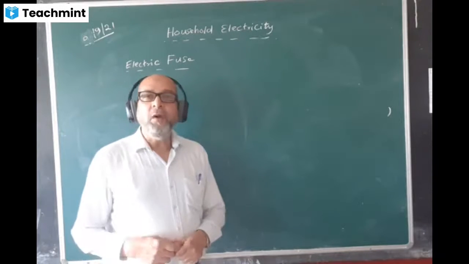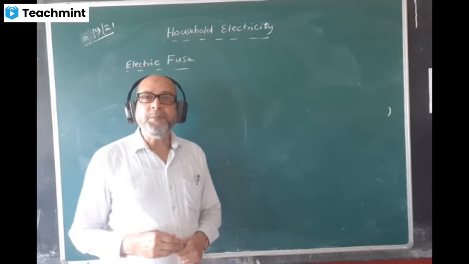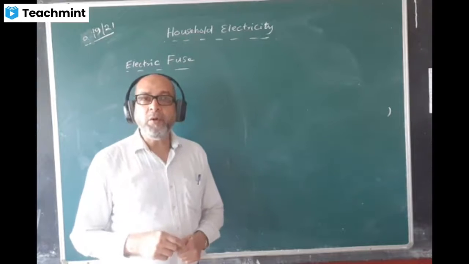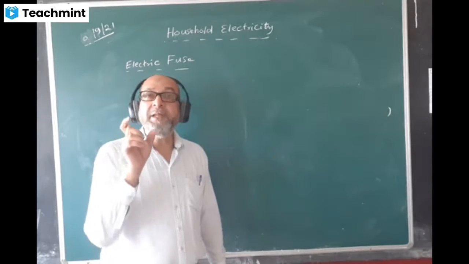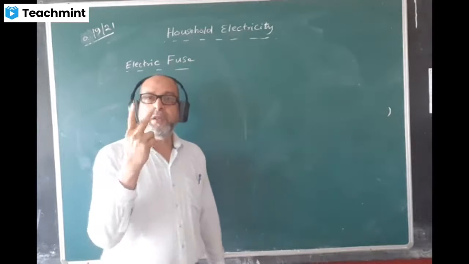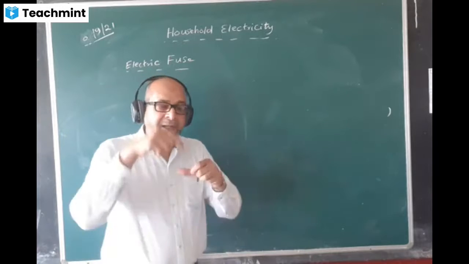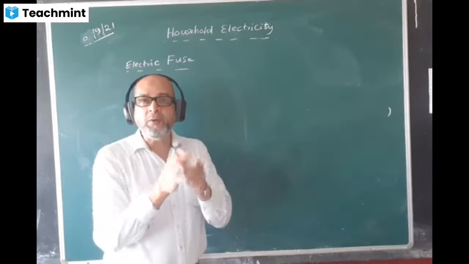Okay. Now, second question, on which property of current does an electric fuse work? We say it works on the heating property of current. Current can do two things. It can cause heating effect in a resistance. If there is a high resistance, it will produce a large amount of heat.